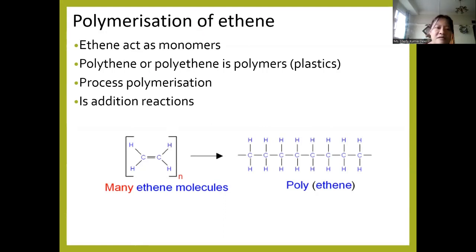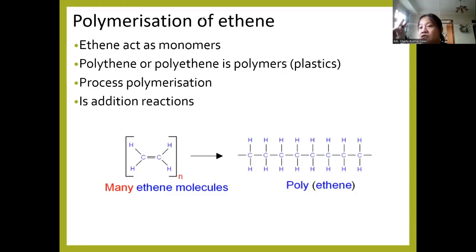Okay, this is the polymerization, and I will use this one to show the repeating unit. It should contain at least 2 carbon. Why should it contain at least 2 carbon?